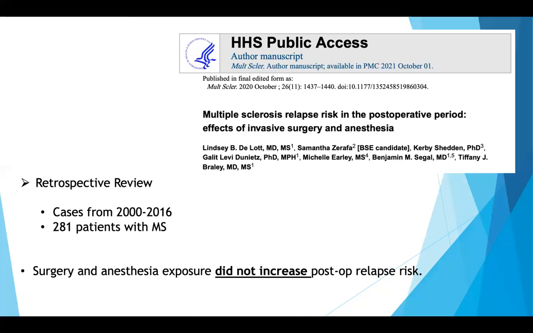This was statistically significant with a p-value of 0.003. They also looked at the effects of sex, smoking history, MS subtype, so progressive versus relapsing, and use of disease-modifying therapy. Out of all of those comparisons, there were no differences.